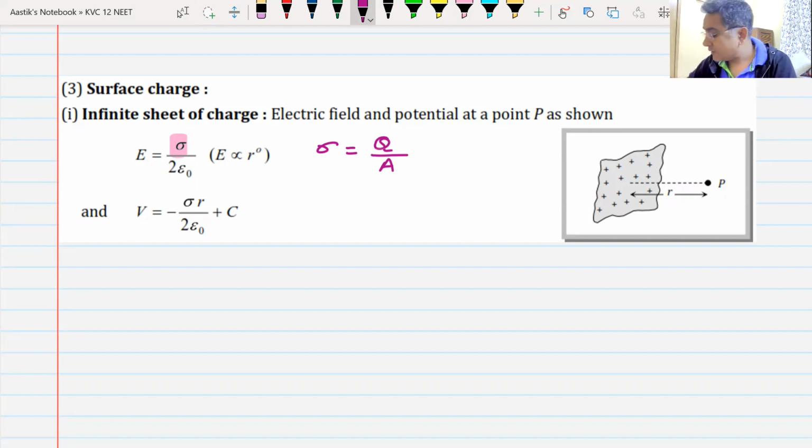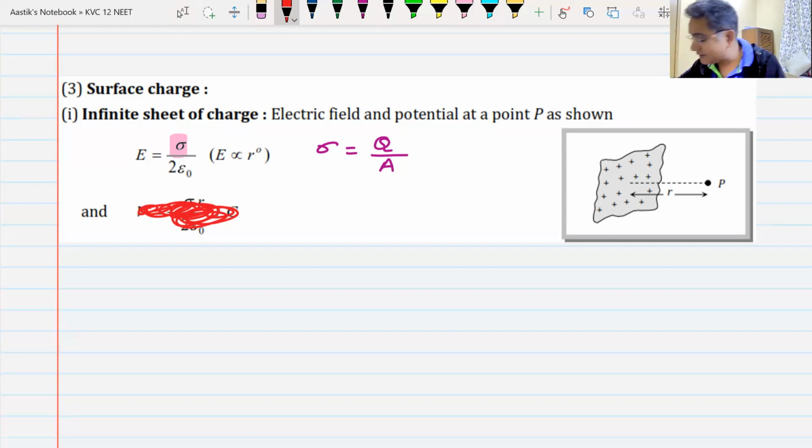If I have to find out the potential, this is the formula for potential here. Because it is an infinite sheet, you do not write this formula. Because it is an infinite sheet, you cannot find a point whose potential is 0. So what you can do is find the potential difference between 2 points.